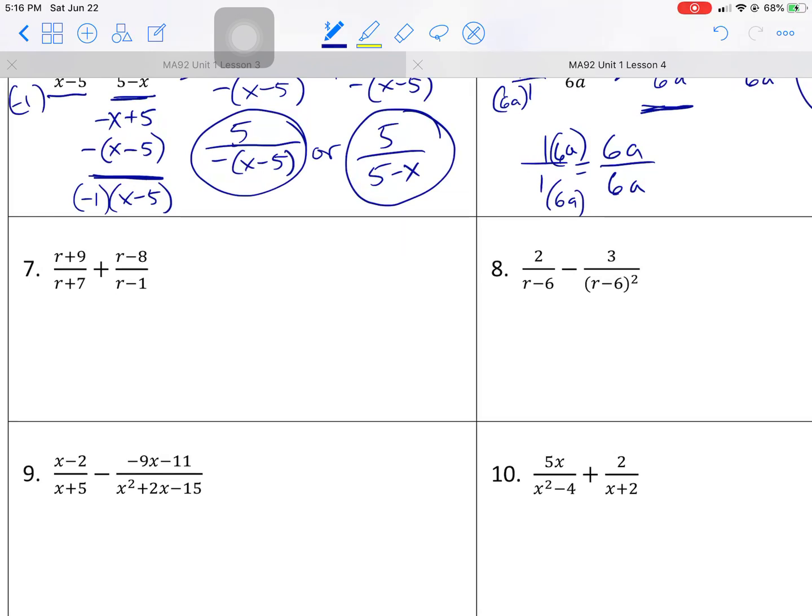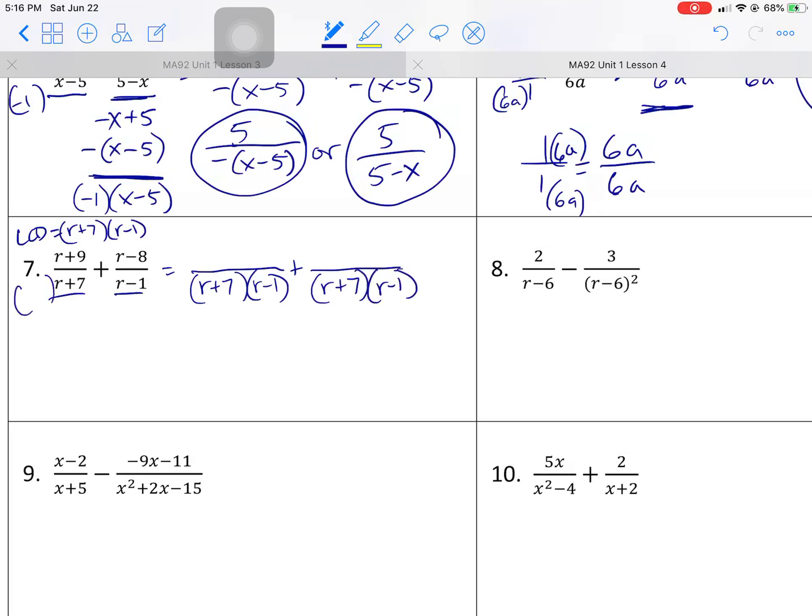All right, so these have no factors in common, so my LCD is all of them together. So the LCD is r plus 7, r minus 1. So r plus 7, r minus 1 plus r plus 7, r minus 1.